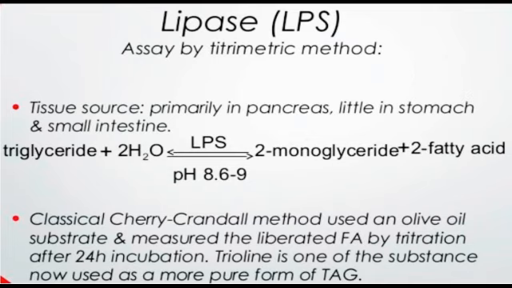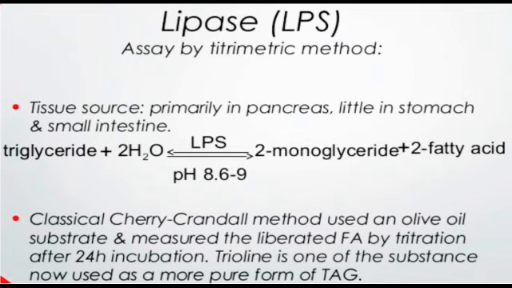First, let us see the titrimetric method. In the titrimetric method, the triacylglycerol is treated with the lipase enzyme, which liberates 2 monoglycerides and 2 free fatty acids. The reaction is carried out under alkaline pH, that is 8.6 to 9.